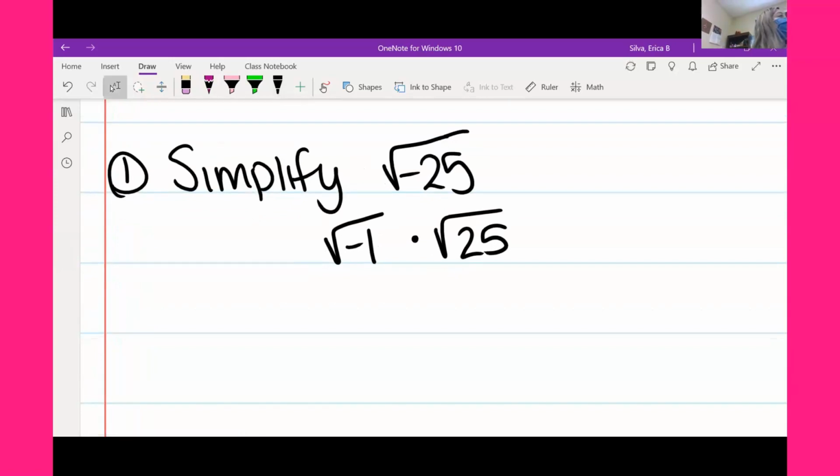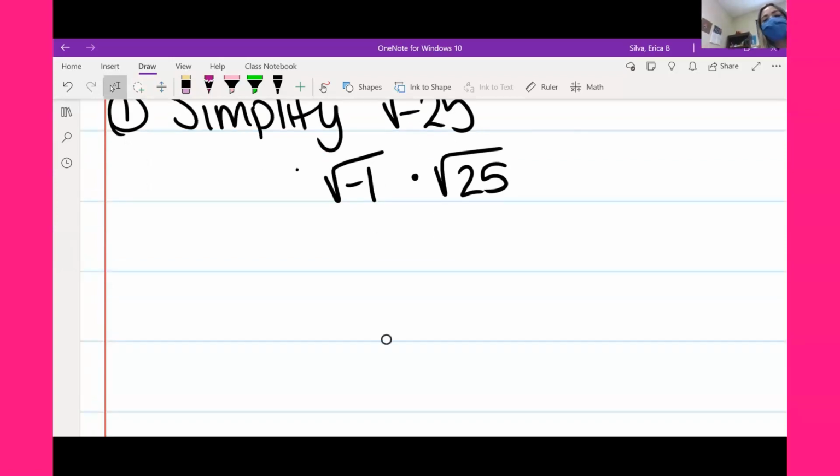Because -1 times 25 is -25. Then we're going to replace that, and then we have to do that plus or minus. Then we're going to replace that -1 with my i.